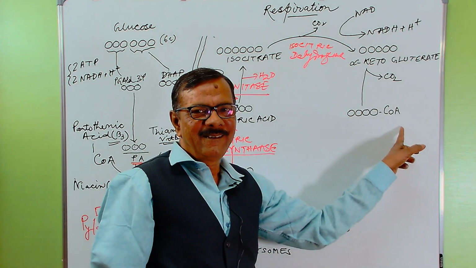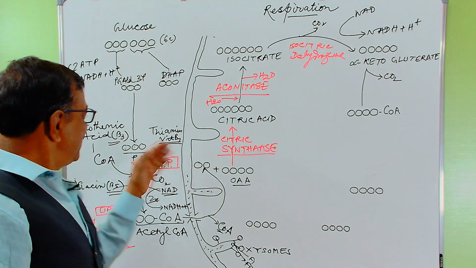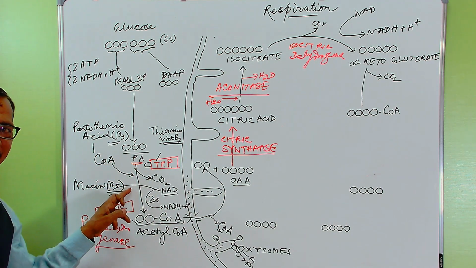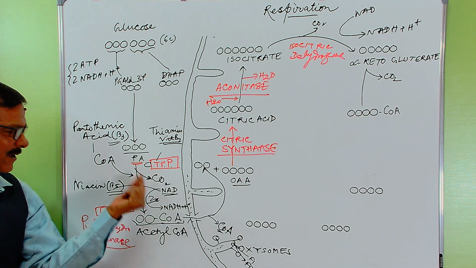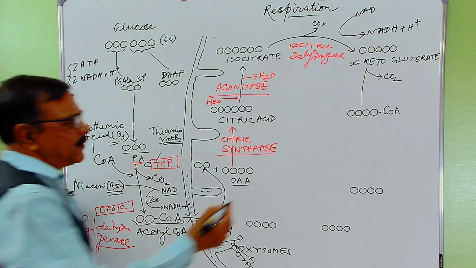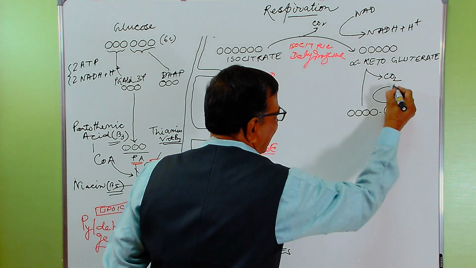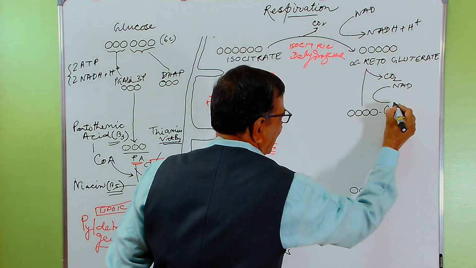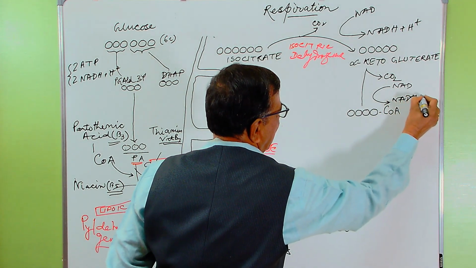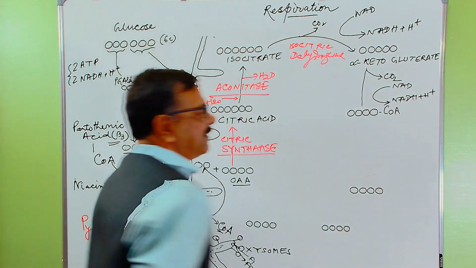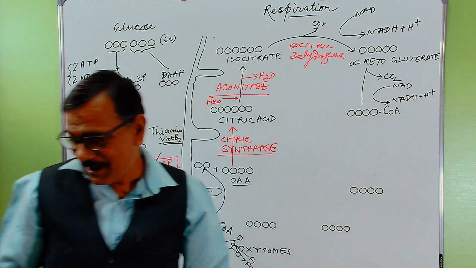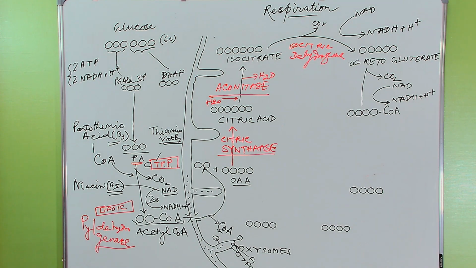What you see is the same thing we have seen here itself. CoA is entering and CO2 is going out. So some NADH will be there. Here NAD will be converted to NADH plus H plus. In fact, this is a case of dehydrogenation.